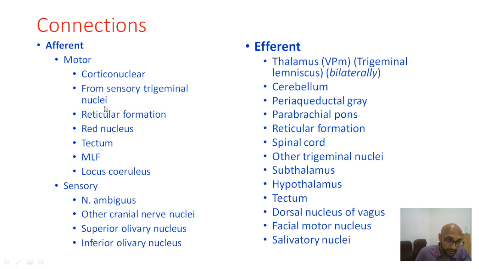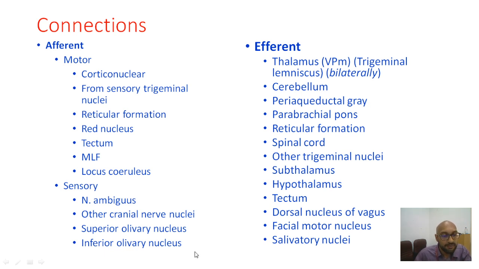And these motor neurons are also getting collaterals from the sensory trigeminal neurons, including the mesencephalic nucleus, the red nucleus, reticular formation, the tectum, the medial longitudinal fasciculus, locus coeruleus, and the sensory nuclei are also getting afferents from the nucleus ambiguus, the other cranial nerve nuclei, the superior olivary nucleus, inferior olivary nucleus.